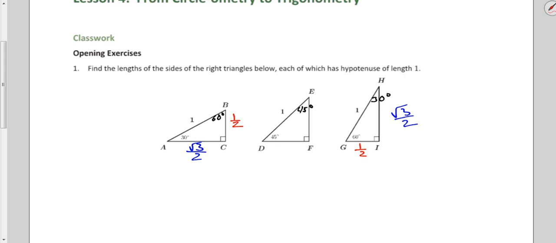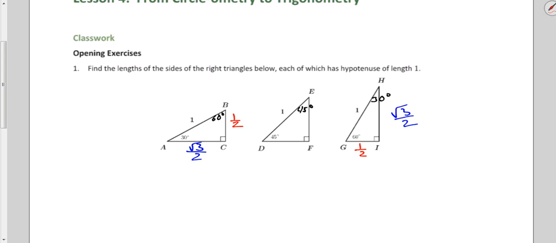How about the sides of my 45, 45, 90? What do we get, Tyler? What do we get here and here? What do I know about the relationship of this side as compared to this side? What do they have to be in relation to one another? Oh, I heard it. Somebody said it.